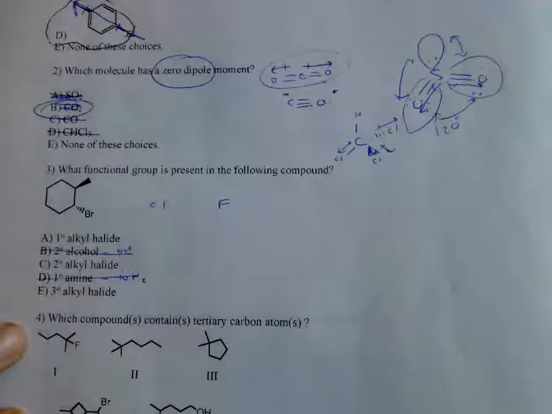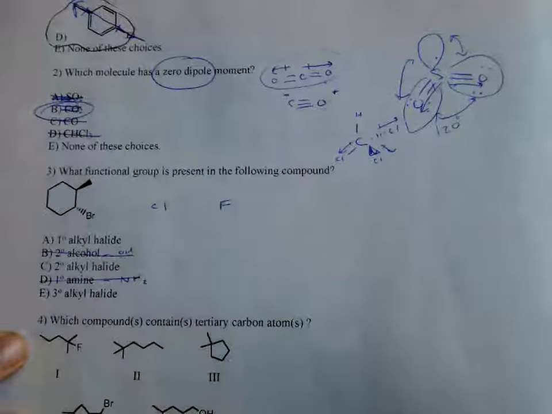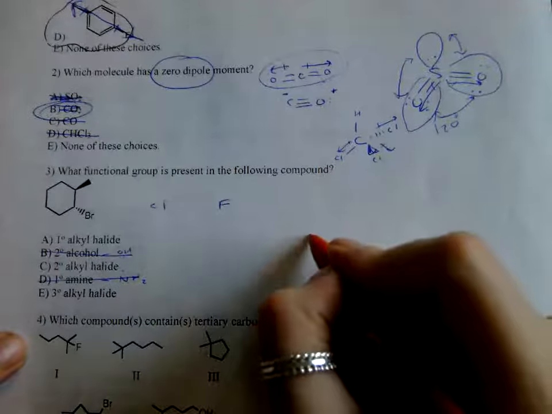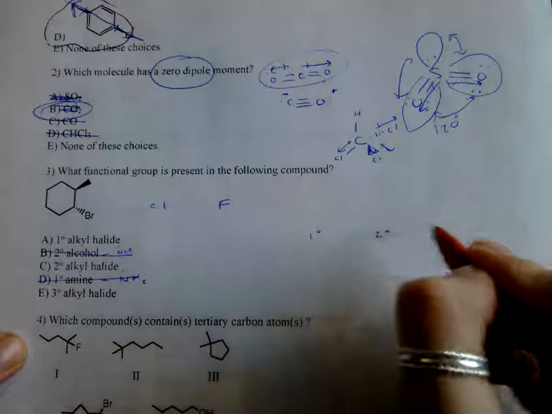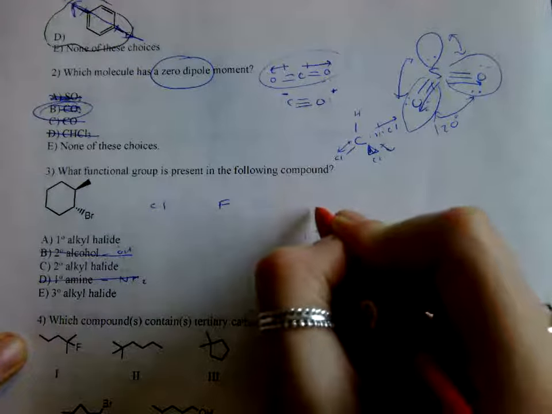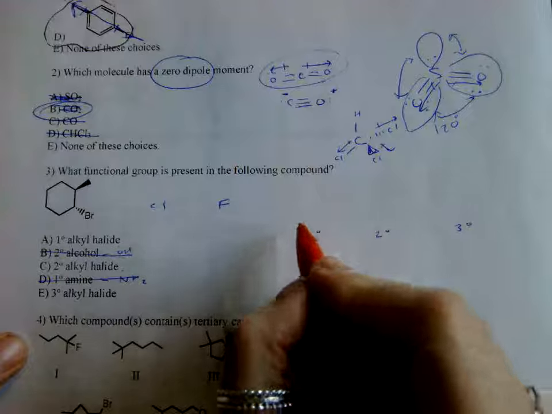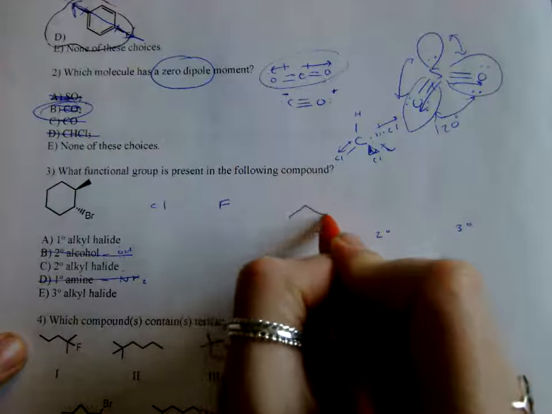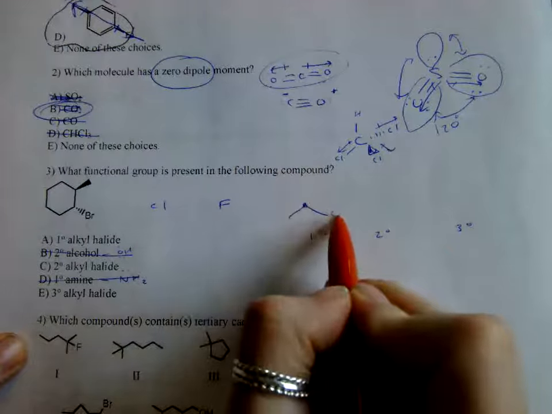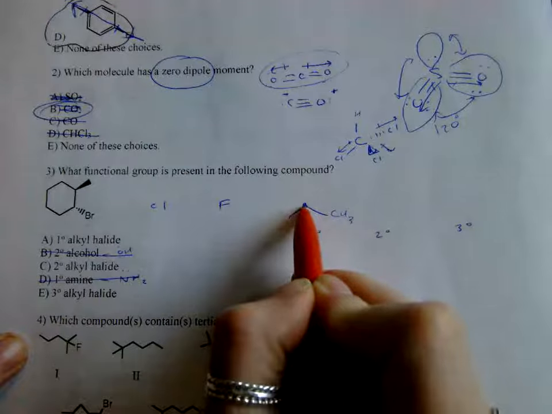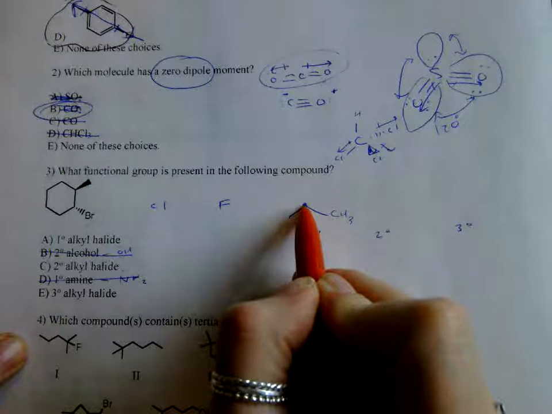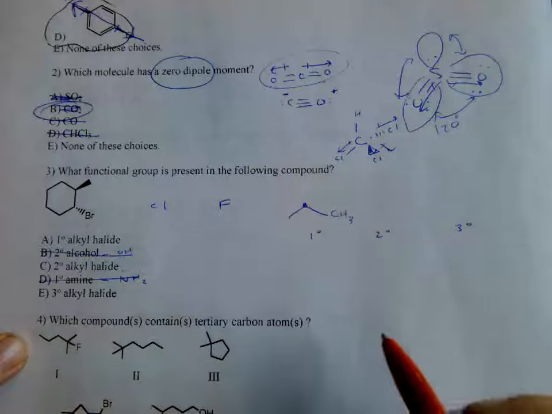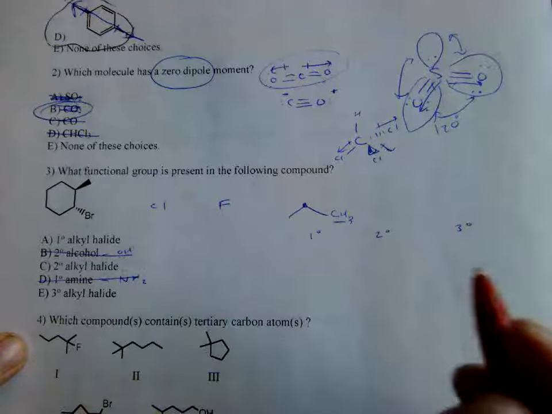Now when we're looking at halides, let's talk about carbons first. If you have a primary, secondary, or tertiary carbon, that is talking about what other carbons it's attached to. For the primary, if this carbon right here is attached to this carbon, CH2, it's attached to one other carbon. So this is a primary carbon.